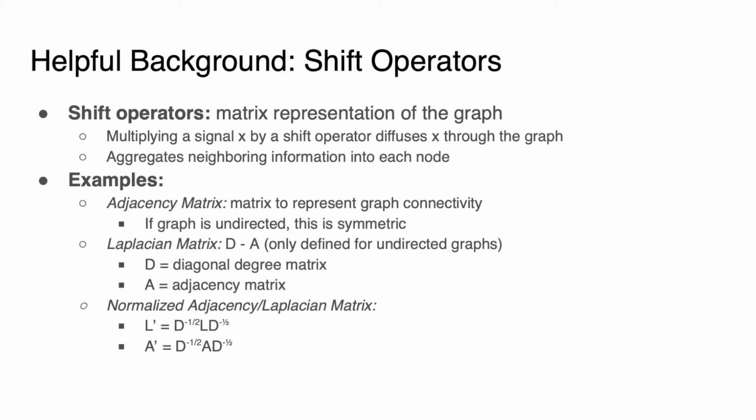But one useful property of this is that this matrix will always be positive semi-definite, which tells us that we have an eigendecomposition with all positive and real eigenvalues. You could also use different normalized adjacency and Laplacian matrices seen at the bottom, which basically multiply your Laplacian and adjacency matrices by your degree matrices.